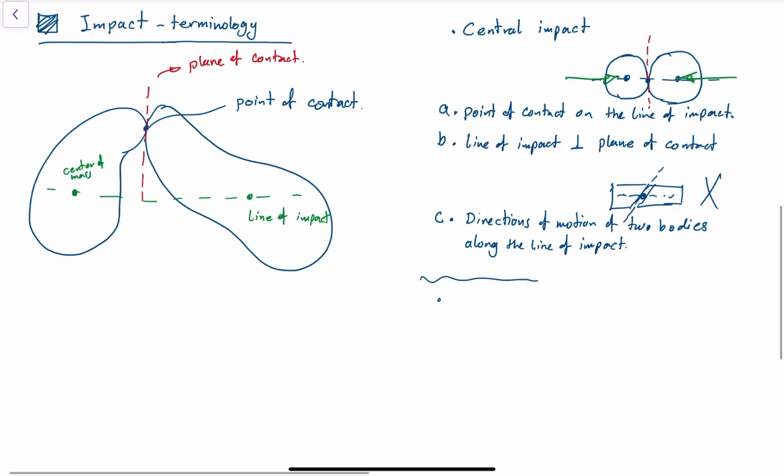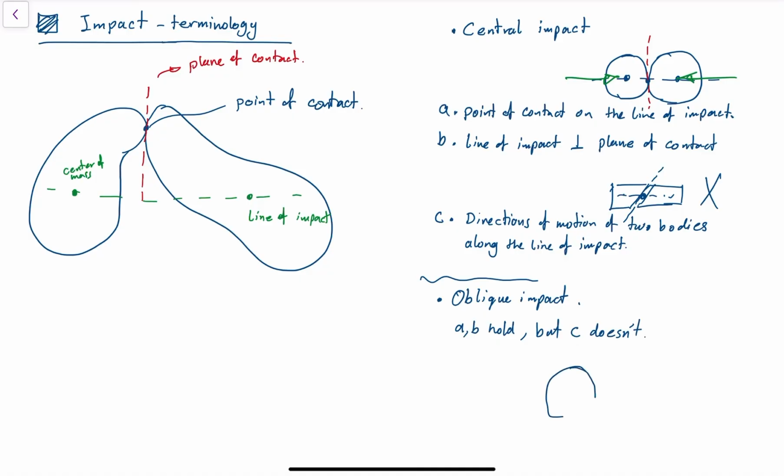Another kind of contact we will look at is oblique impact. That is the case when A and B hold, but C doesn't.